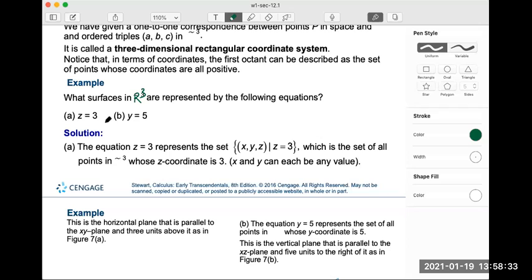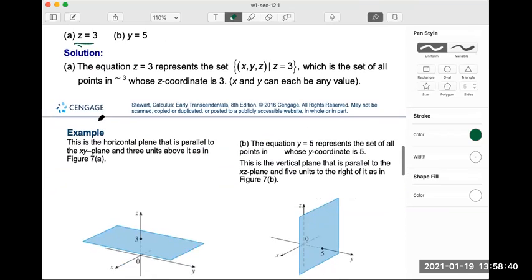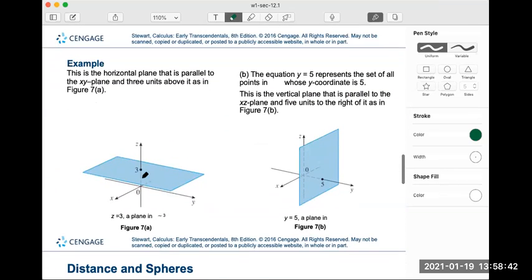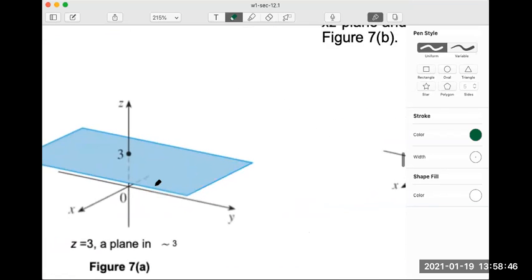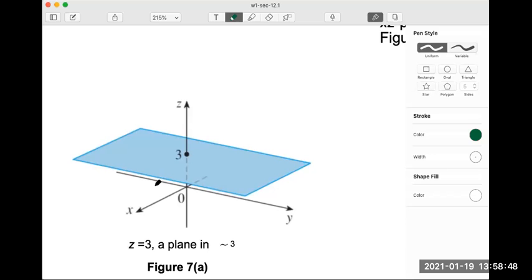We don't care about the x and y coordinates, right? We just care about the z coordinate. So, suppose the coordinate system is given like this, then the plane z equal to 3 is this plane, okay?